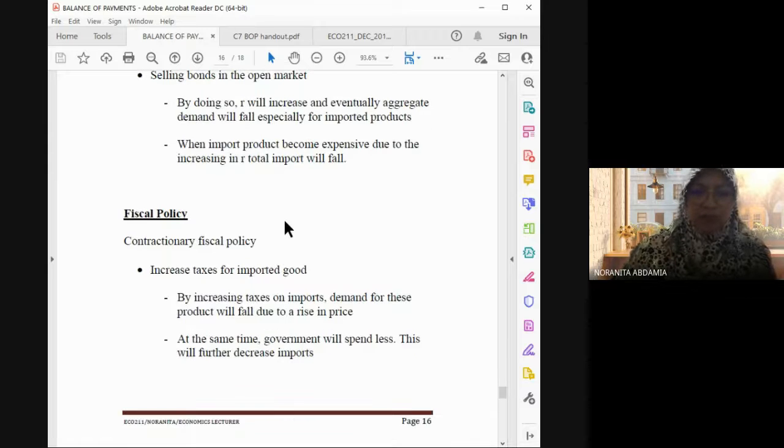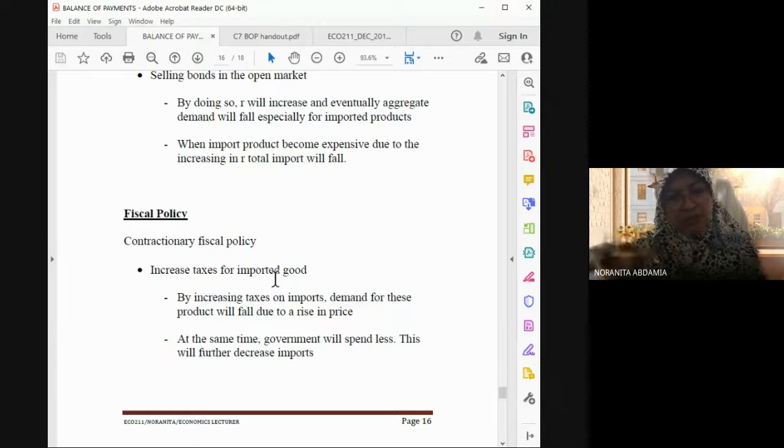Fiscal policy, kalau fiscal ni we know, this is more of a government tool, utilizing tax and government expenditure. Under contractionary fiscal policy, the government will increase the tax for imported goods. Dah lah barang import harga dah mahal, tambah lagi duty import, tambah lagi tax. Whatever the car brand, it is actually murah je kalau you beli kat sana.